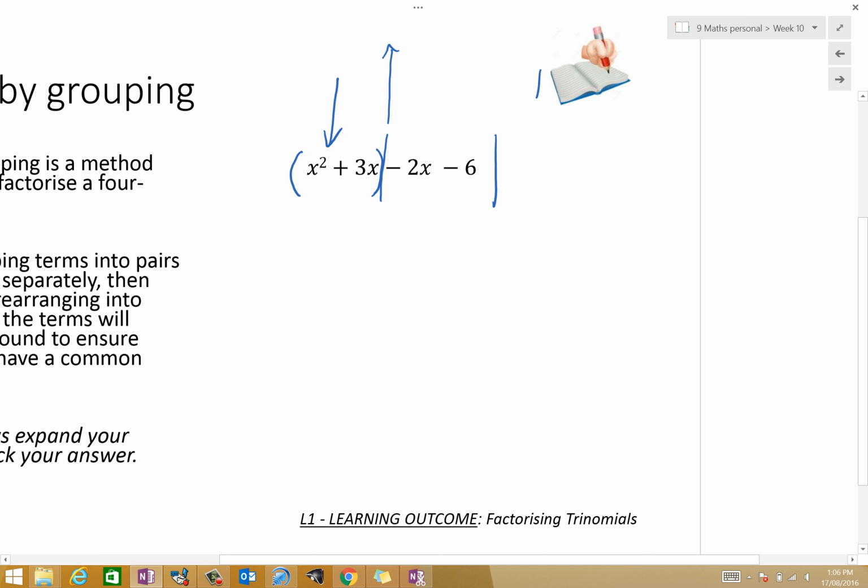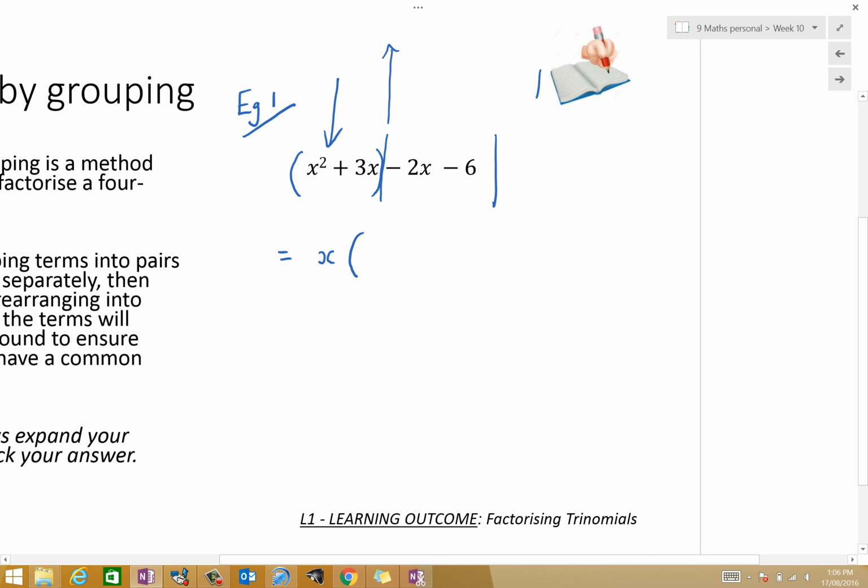X. So let's take out x as the highest common factor. This is example 1, which I hope you're doing in your books, factorising by grouping. So we take out x as the highest common factor, and then we open up a bracket.